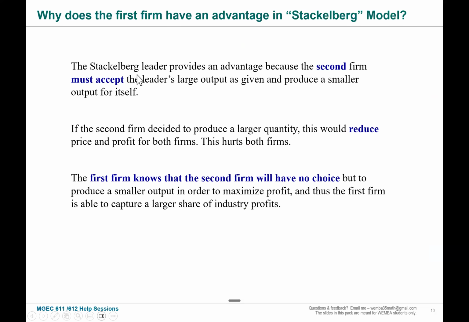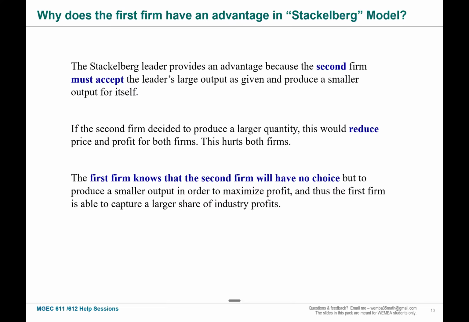The Stackelberg model provides an advantage because the second firm must accept the leader's large output as given and produce a smaller output. Because they're a follower, they just follow whatever the leader does. The leader takes a bigger share for themselves.